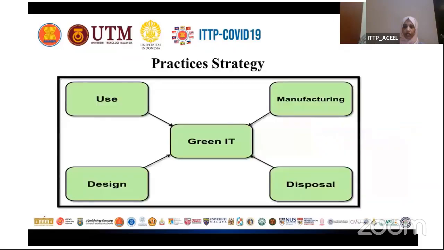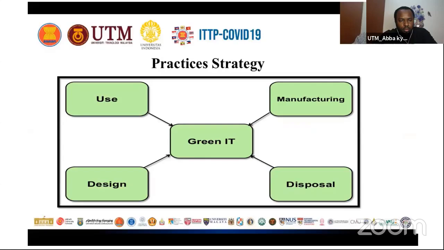The practicing strategy framework. To reduce the impact of IT on the environment, we propose the green IT strategy. Green use: reducing the energy consumption of computers and other information systems.